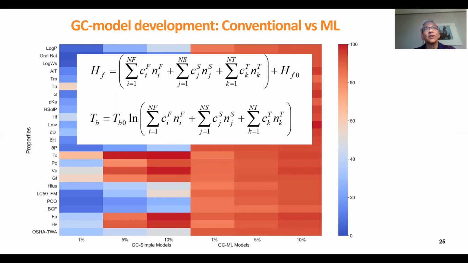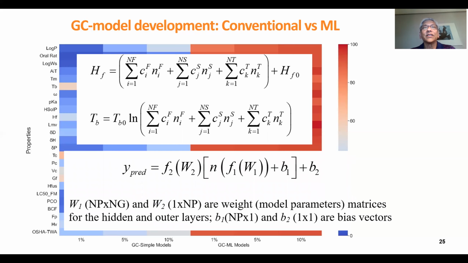So what is the cost of machine learning? Here is an example. In order to calculate the contributions C F, C S, C T, we need to do some matrix multiplications. And in those matrix multiplications, NP times NG is the weight factors. NP is the value that is generated through optimization or by trial and error. It can be anything between 10 to 20.